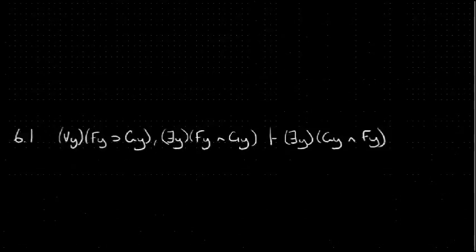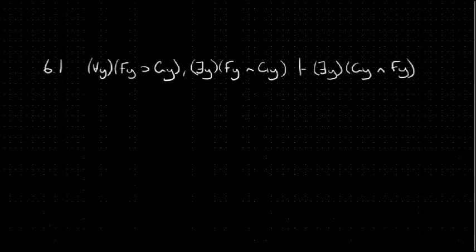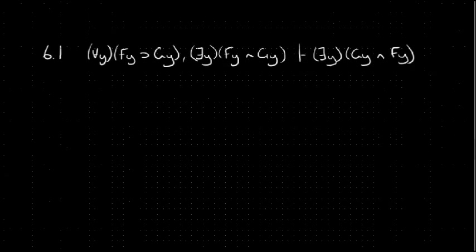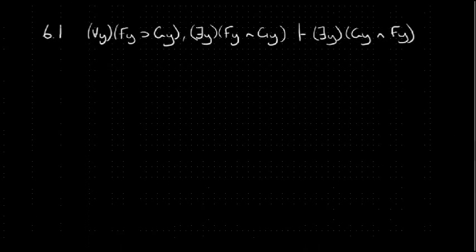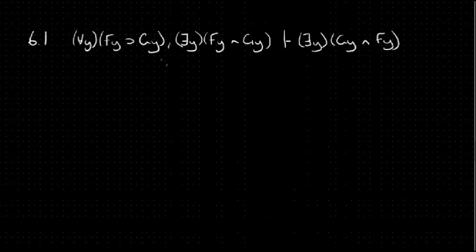Right, let's move on to the quantifier proofs. So 6.1, we've got: all y is such that if fy then gy, there exists a y such that fy and gy, therefore there exists a y such that gy and fy. So we're trying to get to the fy and gy swapped around here within the bracket.